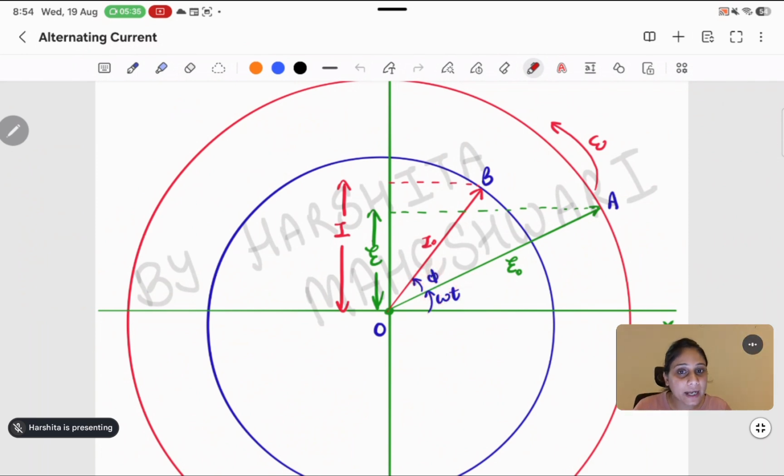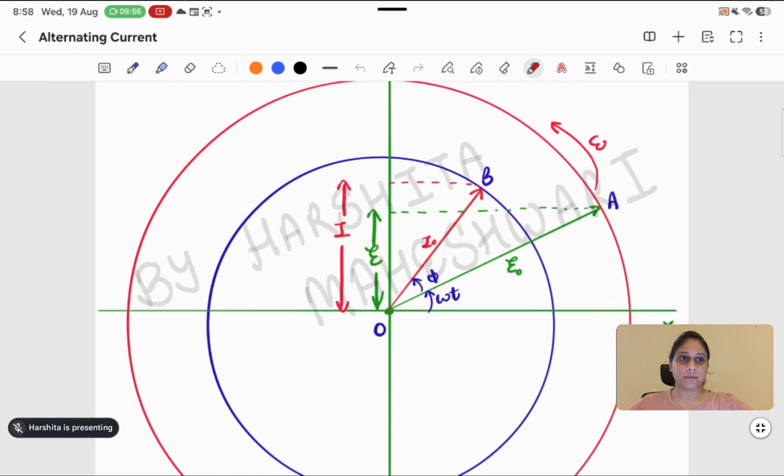When taking the rectangular component form, I have to take the component here or here. The component in the vertical portion I will represent with E, and for I naught I will represent it with I.